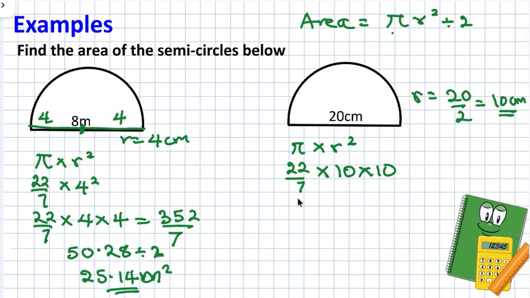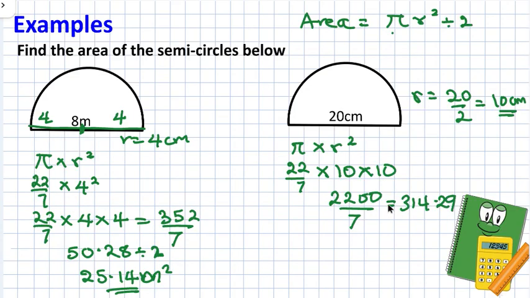So from here, let's multiply the numerator. We have 22 times 10 times 10. So that should give us 2,200, then divided by 7. So 2,200 divided by 7 is going to give us 314.29. But this is not our area.